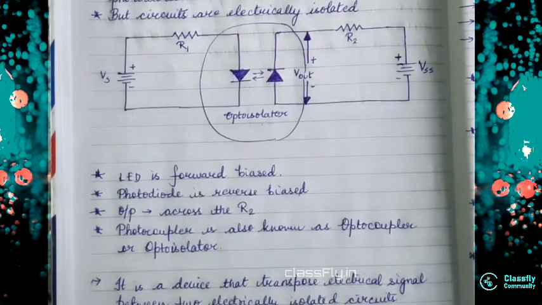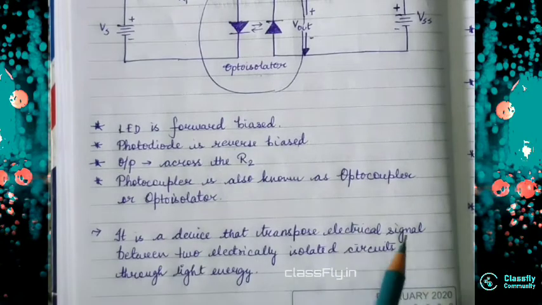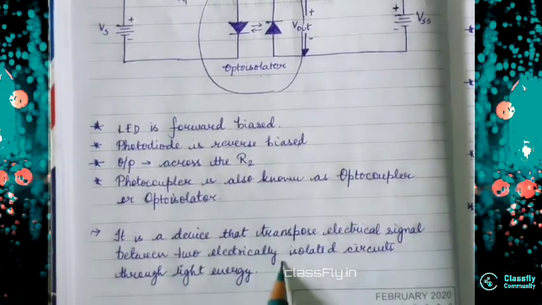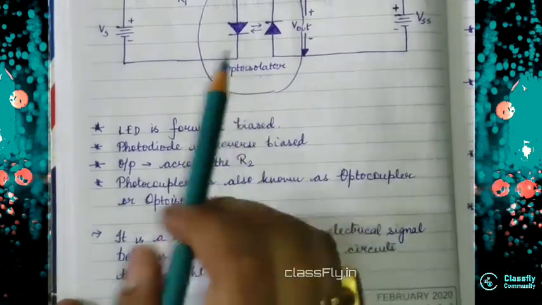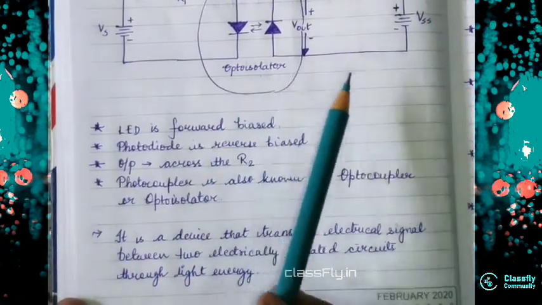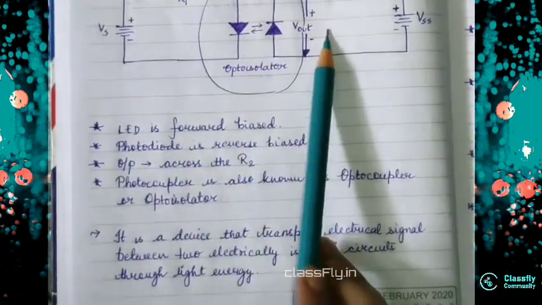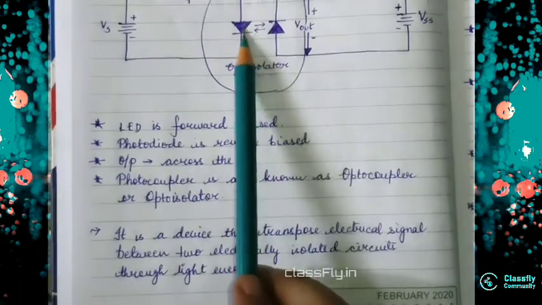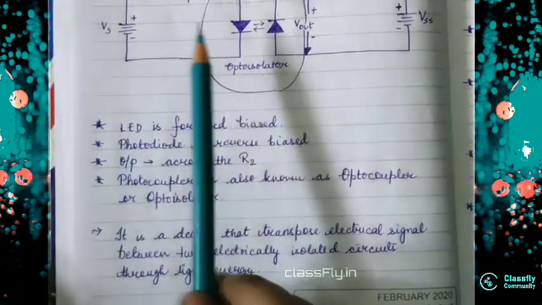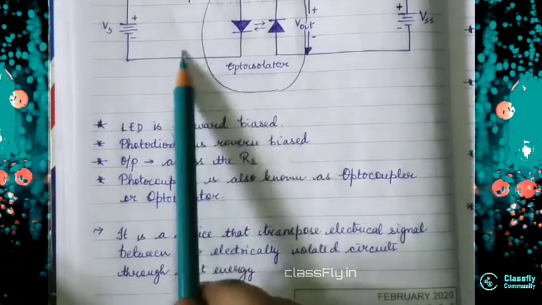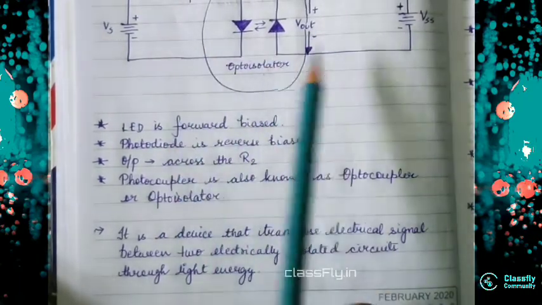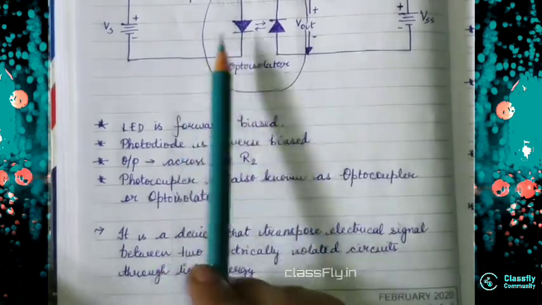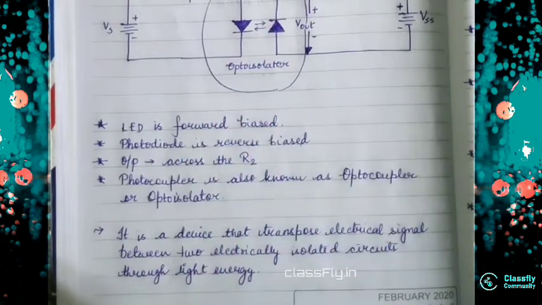It is a device that transfers electrical signal between two electrically isolated circuits through light energy.